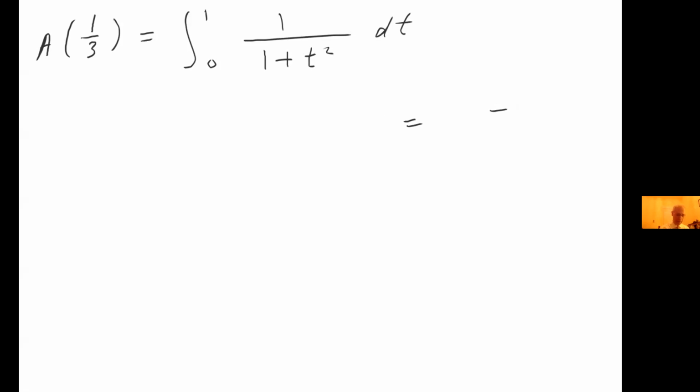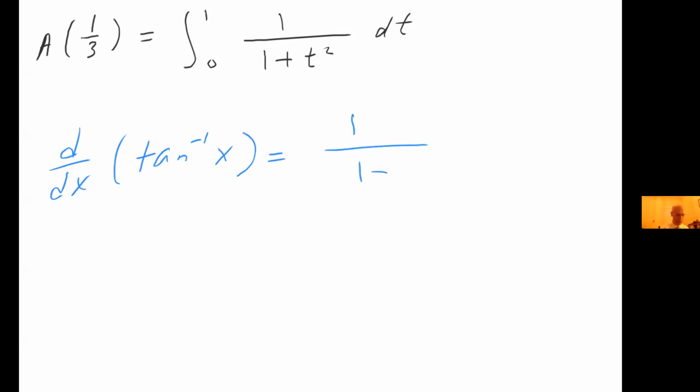that in Math 151, the first part of calculus, we learned that d/dx of tangent inverse of x equals 1 over 1 plus x squared. And you know that derivatives and antiderivatives are inverse of each other.